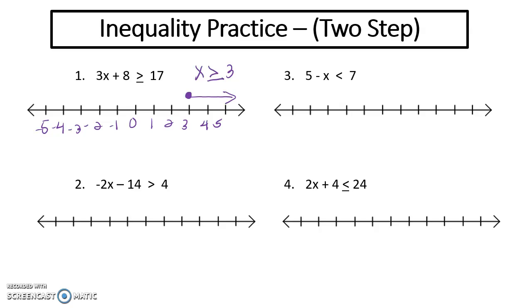That's telling me that I could plug in 3 or any number above 3, and it would make my solution make sense. For example, 3 times 3 plus 8: 3 times 3 is 9, plus 8 is 17. 17 is greater than or equal to 17. If I plugged in 6, 3 times 6 is 18, plus 8 is 26. 26 is greater than 17.